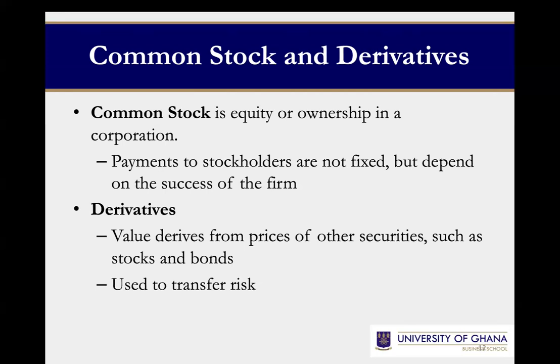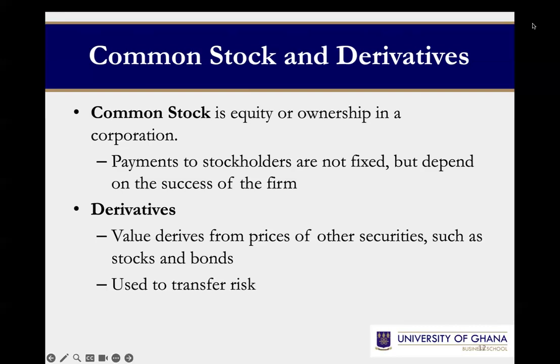Derivatives, on the other hand, are financial assets that derive their value from prices of other securities. In a sense that whilst you do not own a particular stock, an asset or an asset class has been created which gives you a claim that derives its value from changes in, let's say, the prices or otherwise of stocks and bonds.